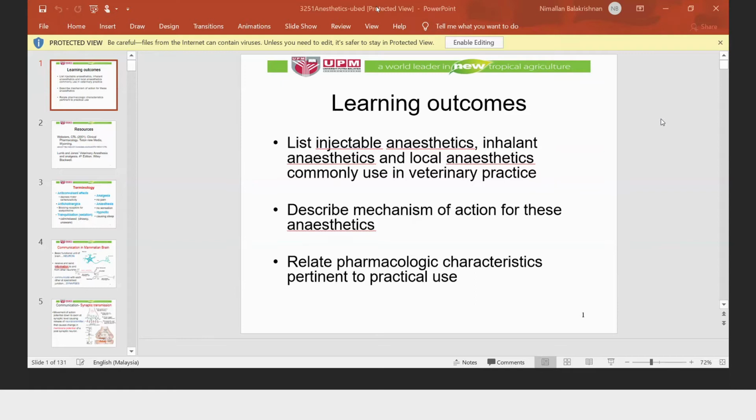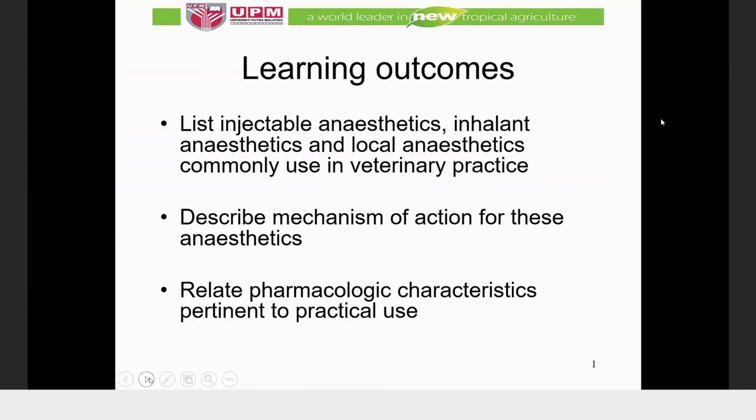Okay, let's start. The title of our presentation is the sedatives, opioids, and neuroleptanalgesics. The learning outcomes for this subject are to list the injectable anesthetics, inhalant anesthetics, and local anesthetics which are commonly used in veterinary practice, to describe the mechanism of action for these anesthetics, and to relate pharmacological characteristics pertinent to practical use.